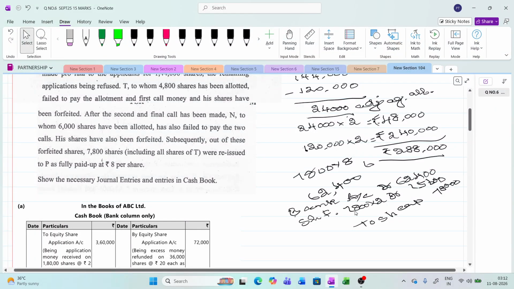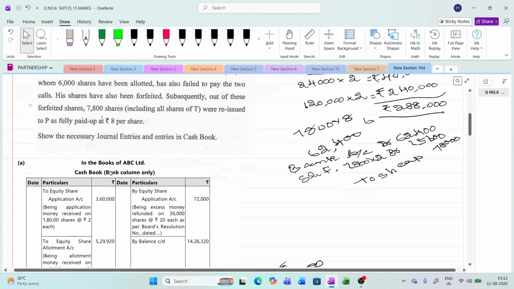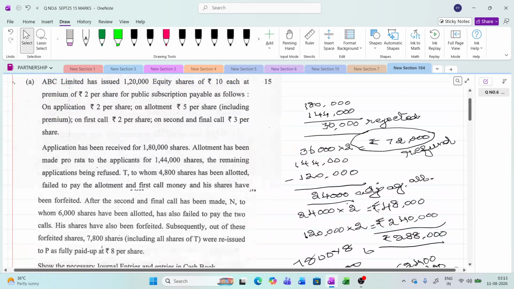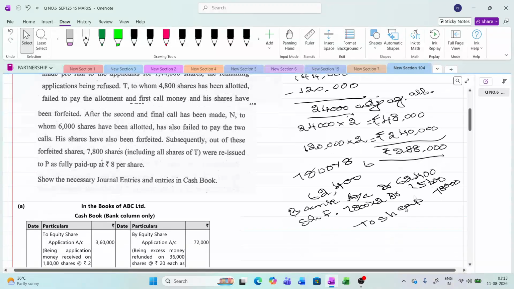Bank account debit 7,800 into 8 rupees. It is reissued at 8. So how much does the total come to? 62,400. That will go into your bank account. 7,800 into 8 will be 62,400.